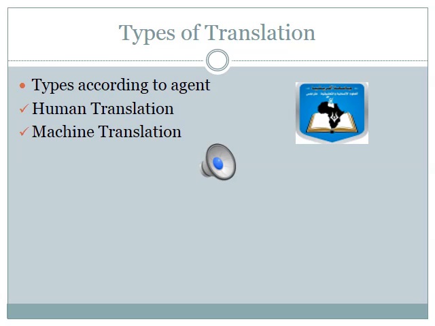If you're more interested in machine translation, you may consult Somers 2011 and Hutchins 2011, and many more. So that's the whole of the types according to agent: human translation versus machine translation.